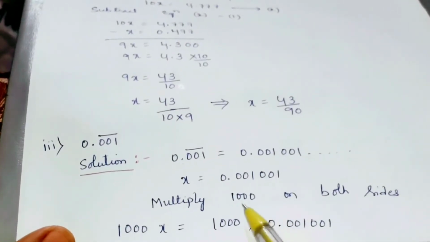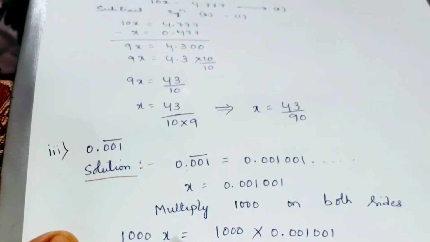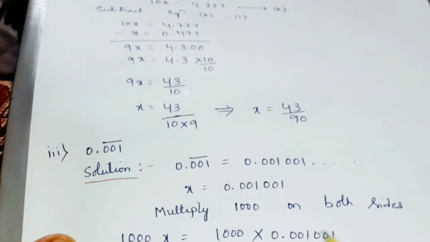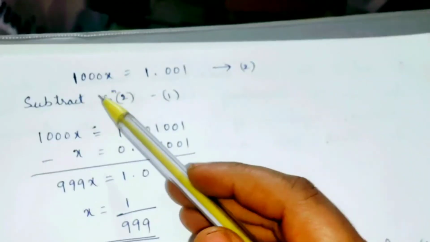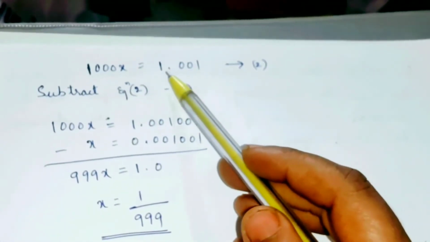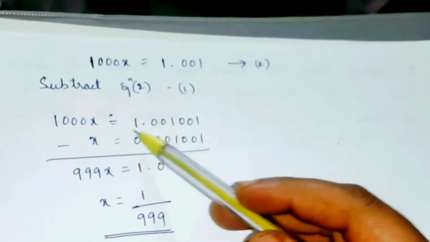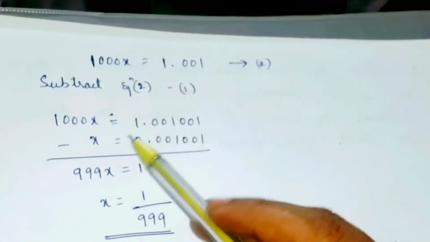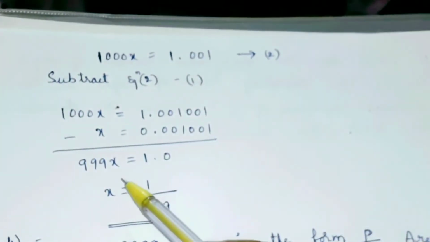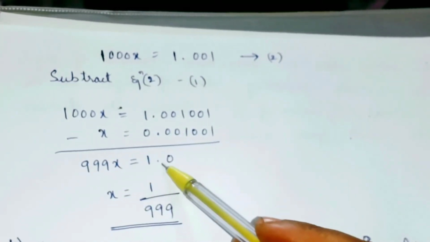If you multiply by 1000, then you'll get 1000 into x is equal to 1000 into 0.001001. Then 1000 into x is 1000x and the answer is 1.001001. Then subtract, same procedure, second equation minus first equation. Write the left hand sides and right hand sides separately and you will get 999x is equal to 1.